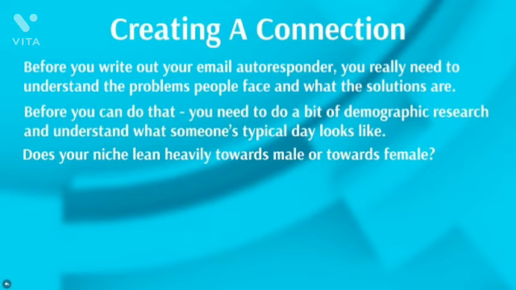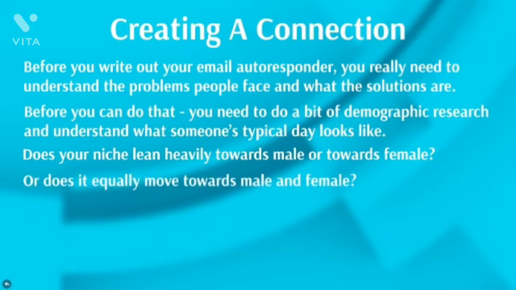So my question to you is, does your prospect within your niche lean heavily towards male or towards female? Or does it equally move towards both male and female? So in other words, for it to lean just towards female, let's say, for example, that niche is 90% female, or even 95% female, or even 75%.